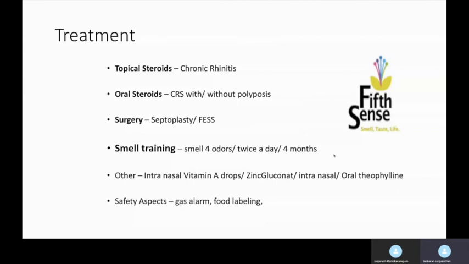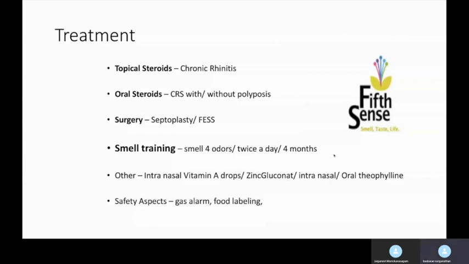I think there's been some good evidence of improvement with the symptoms. The other treatments, as I mentioned before, they've tried vitamin A drops, zinc gluconate, intranasal steroids, and oral theophylline, but none of them has shown any long-term benefit.